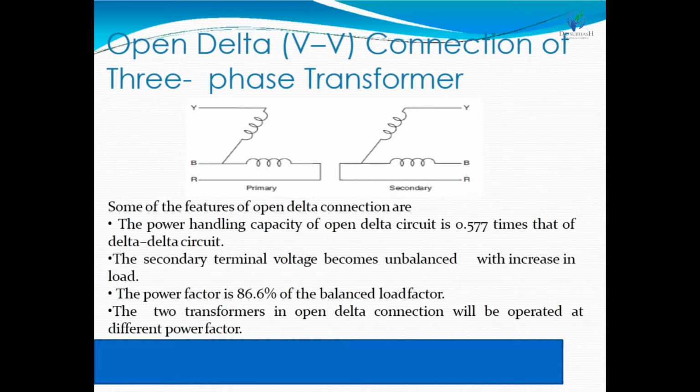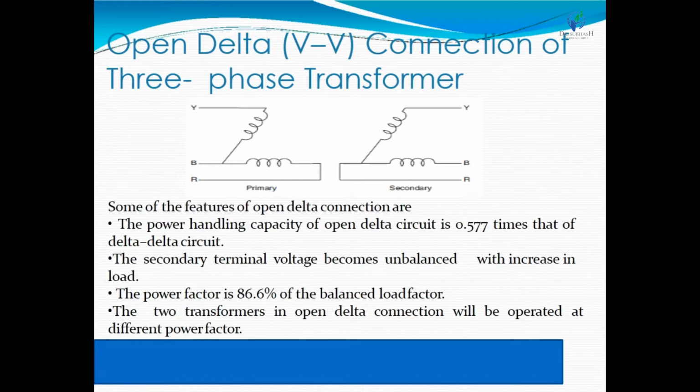of only two transformers. Open delta connection is used when the three phase load is too small to use a full three phase transformer bank. It is sometimes used when one of the transformers in a delta delta bank becomes faulty. This connection will allow the service to continue at reduced capacity till the faulty transformer is repaired.